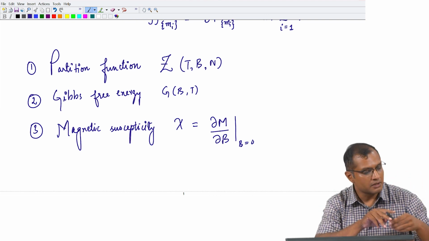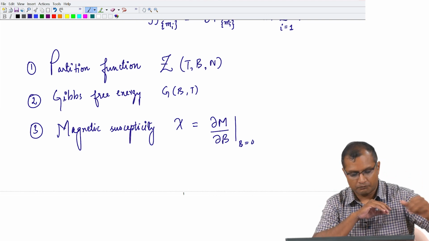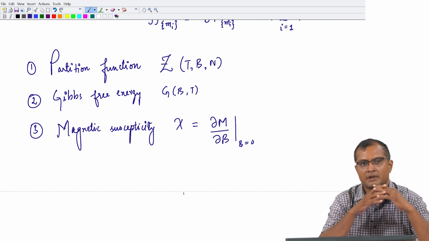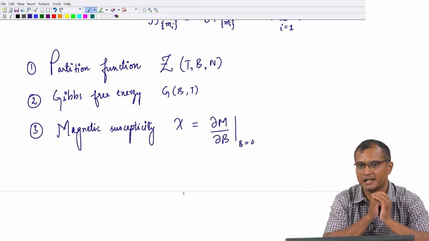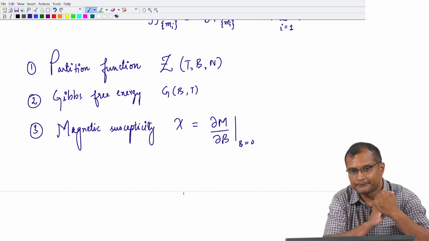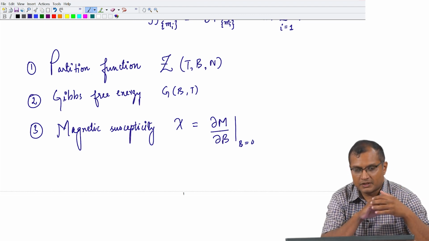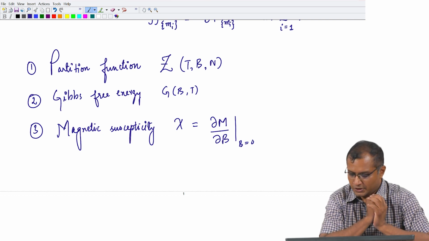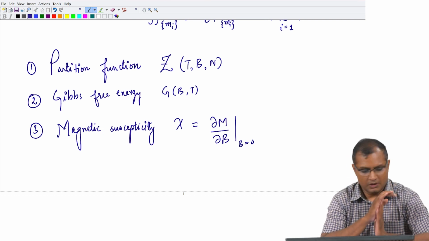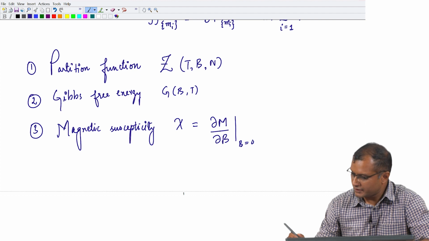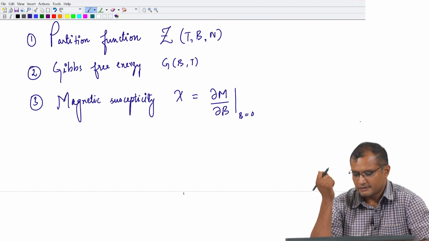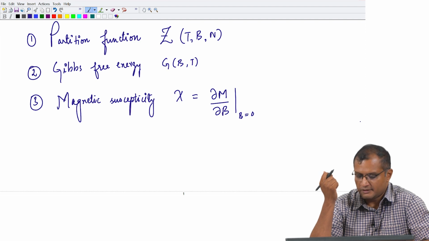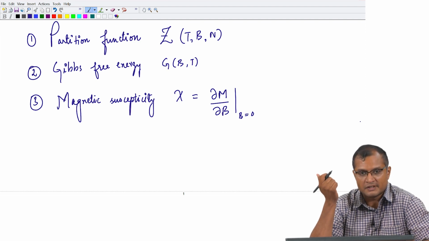This would be like, if you want to expand magnetization in powers of the field, then the leading term of that expansion will be the susceptibility, the Taylor expansion of magnetization. Okay. So, to linear order, the rate of change of magnetization as applied field for very small values of field gives you the susceptibility of the system.